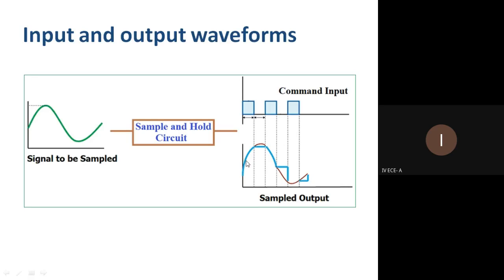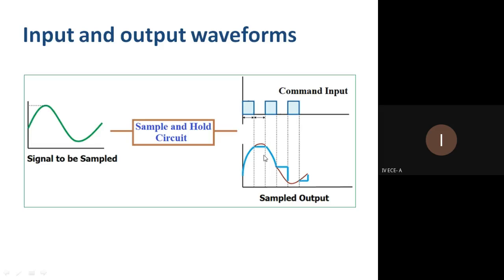At that time, whatever analog value is available at the input is available at the output side. This type of waveform gives the sample and hold circuit output. So we are not taking samples continuously; at a particular time interval we take an analog signal, and then that is converted into digital signals.